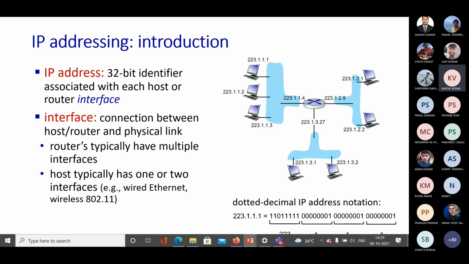Here you can see that the first part represents 223, then 1, then 1, and then 1. This representation of the 32-bit address in decimal is known as dotted decimal notation, or dotted decimal IP address notation.